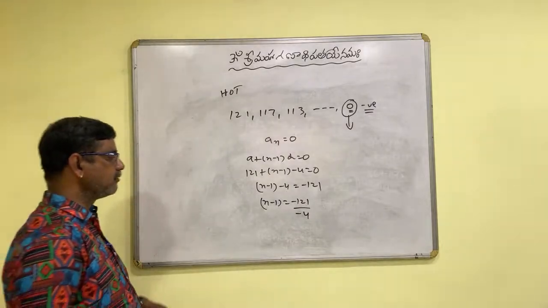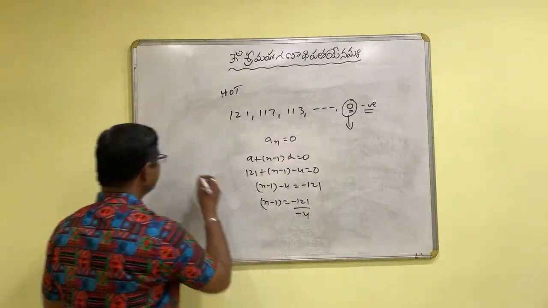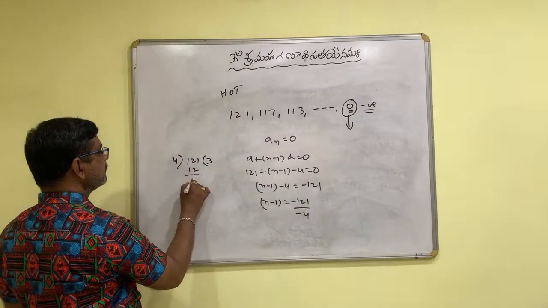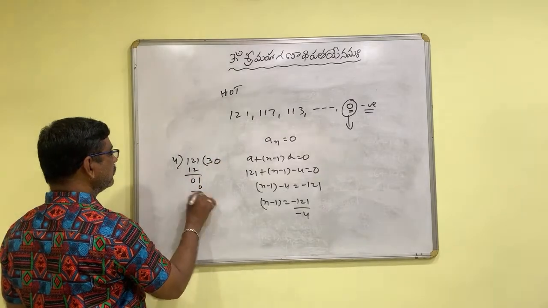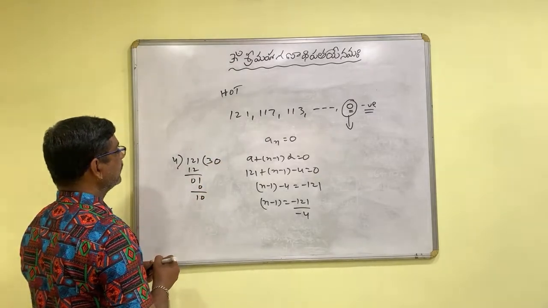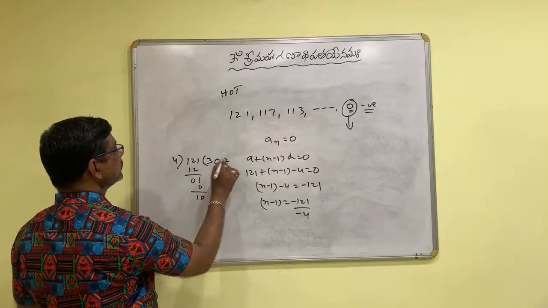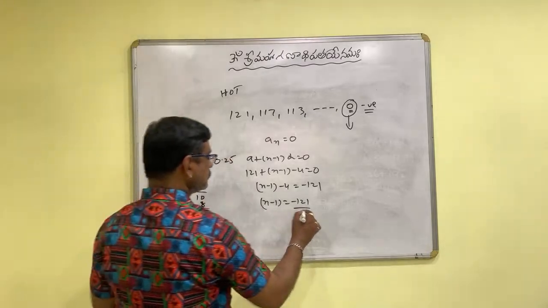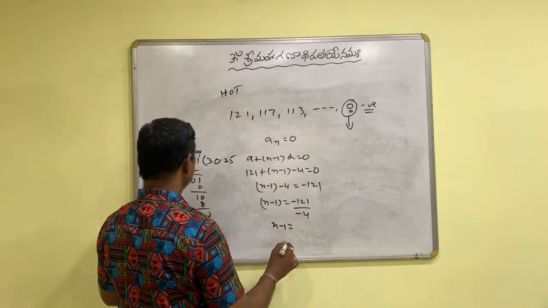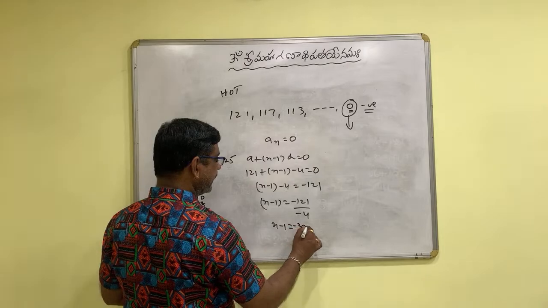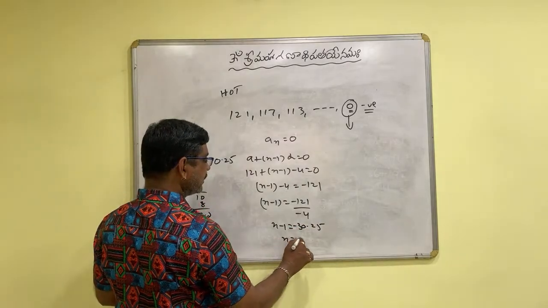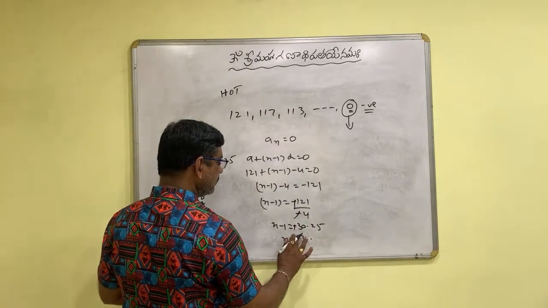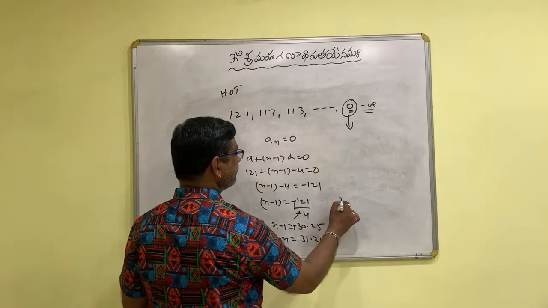How much is it? 4 3s are 12, 0, 1, 0, 0. Okay? 4 2s are 8, 2.4, 5s. So n minus 1 is equal to 30.25, and n is equal to 31.25.